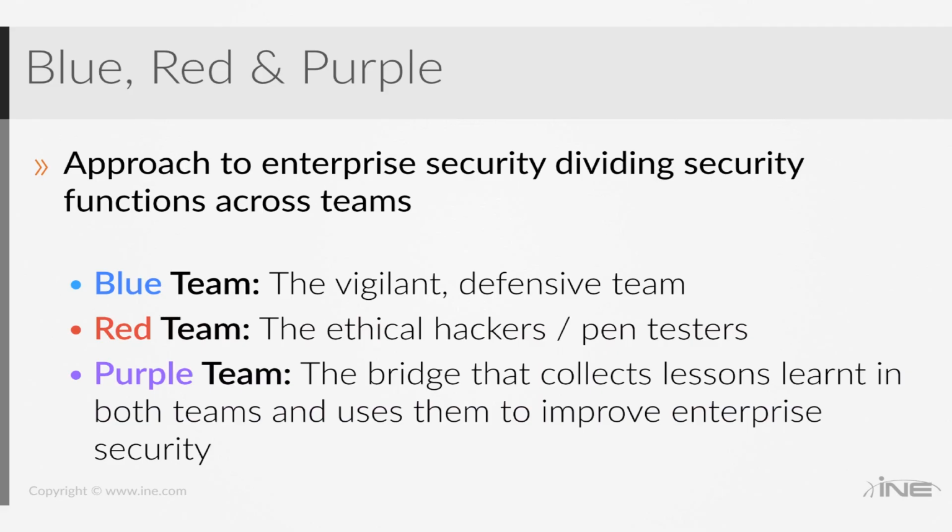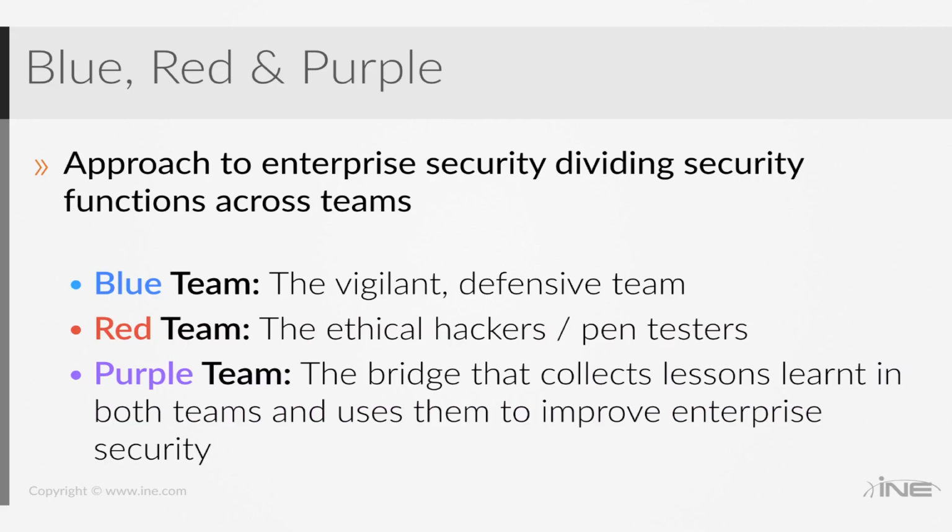Let me explain that. Blue team is in charge of defending. Red team is in charge of attacking. If they share too much information, then their functions are not as useful. If red team knows a lot about what blue team is doing to defend, then the simulation of attack is not going to be as pure as what would happen if an actual malicious hacker starts attacking.